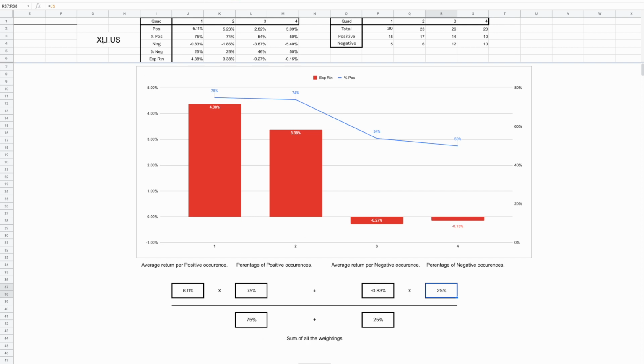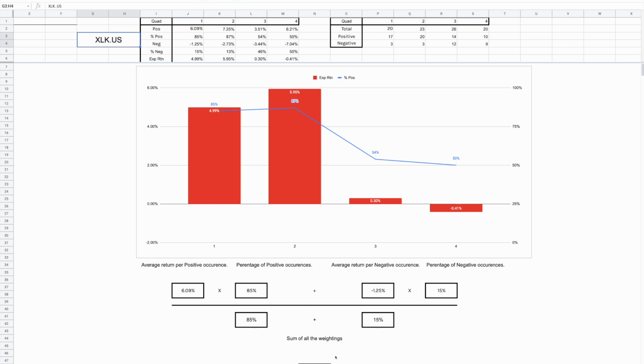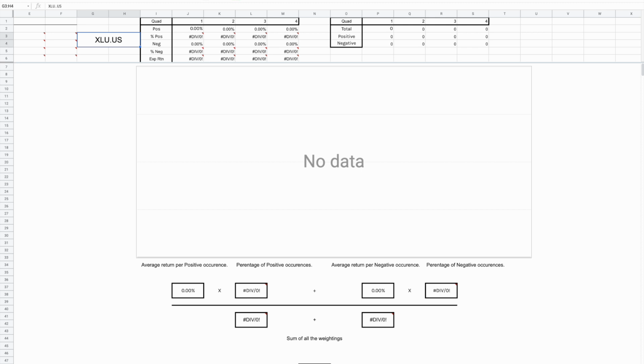This is for XLI, but we can look at XLK. Again, this is just for quad 1, but obviously all these values change. So XLK has a percentage positive of 85%. Something else, let's say XLU.